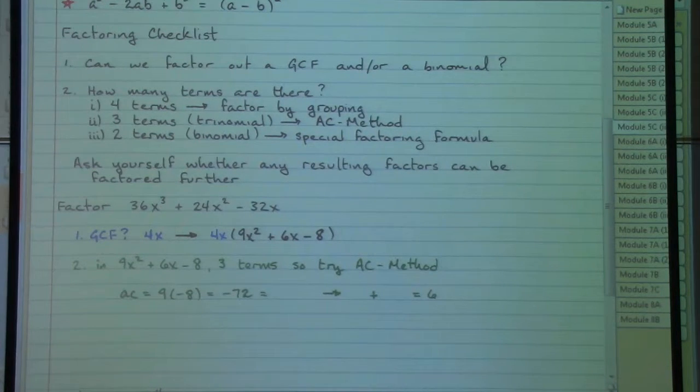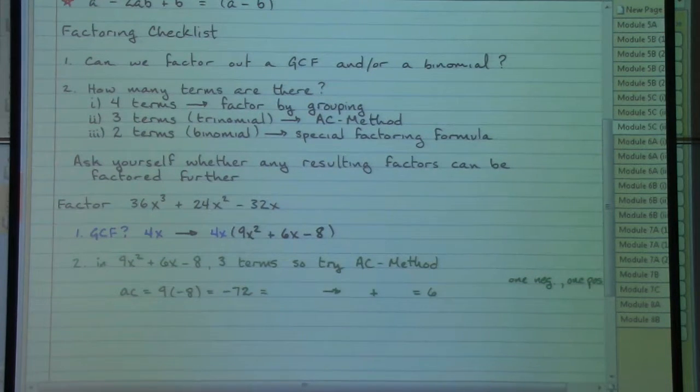So we go through our different possibilities. And in fact, if you'd like to do so off to the side, let's say first of all that we make a comment that we have 1 negative and 1 positive as far as the numbers that we're going to be coming up with.